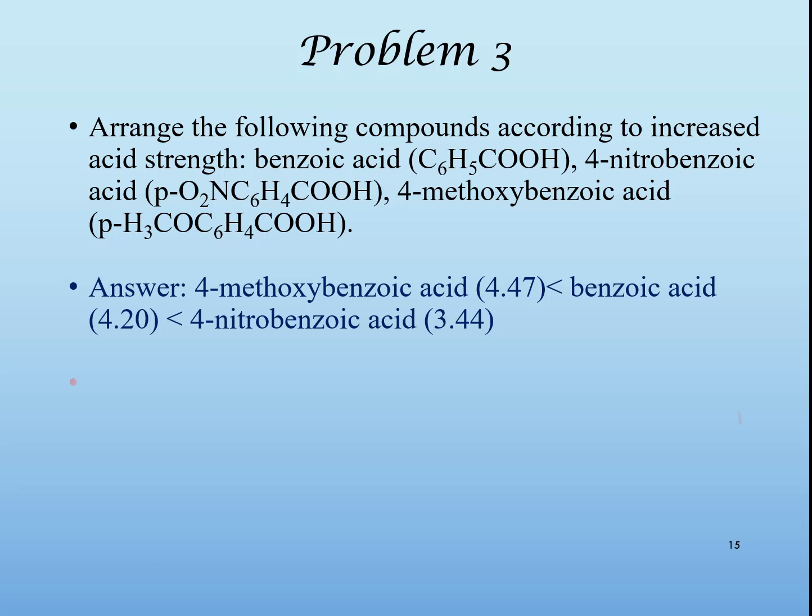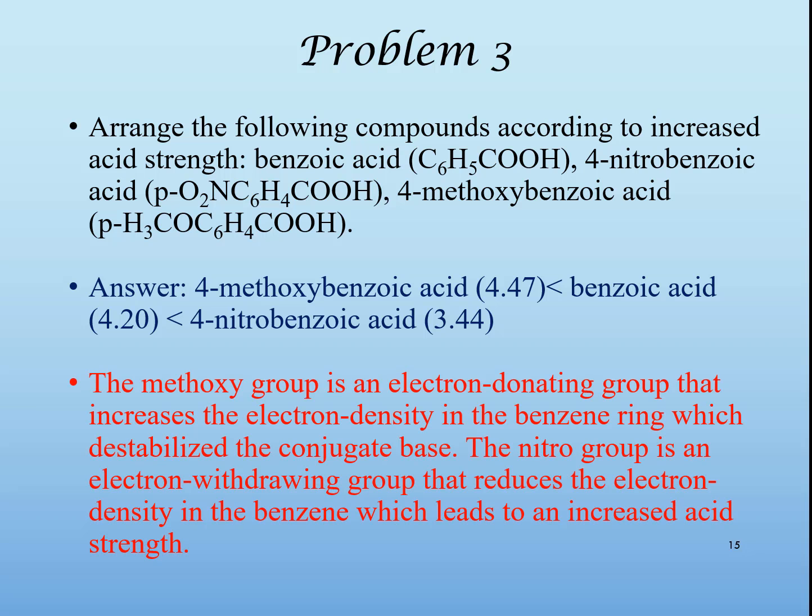It turns out that the methoxy group is an electron donating group which increases the electron density in the benzene ring, which destabilizes the conjugate base. The nitro group, on the other hand, is a strong electron withdrawing group, which reduces the electron density in the benzene ring, which facilitates the stabilization of the conjugate base, the 4-nitrobenzoate ion.